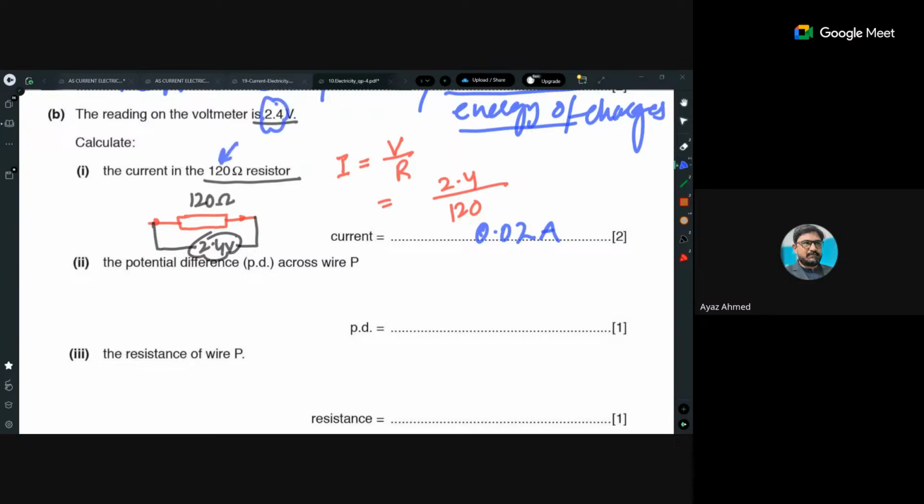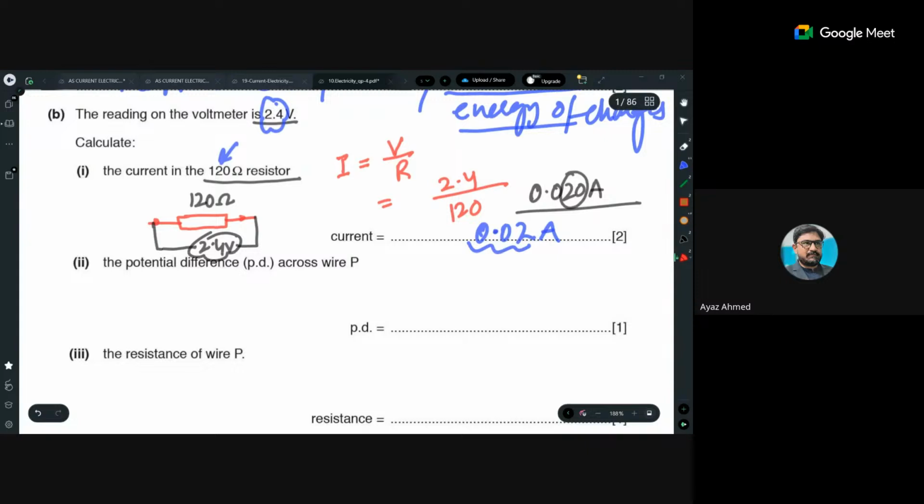Your answer should not exceed two significant figures. So 0.02 is the perfect answer here. You can also write 0.020 ampere. There are only two significant figures here, not three. So both answers are acceptable.